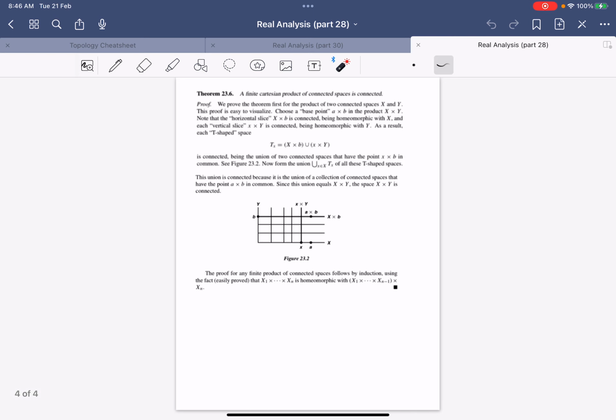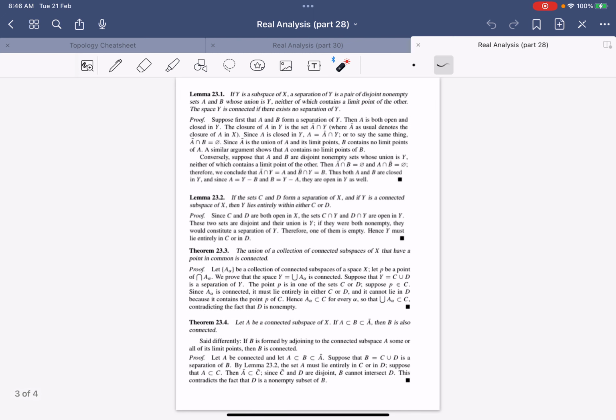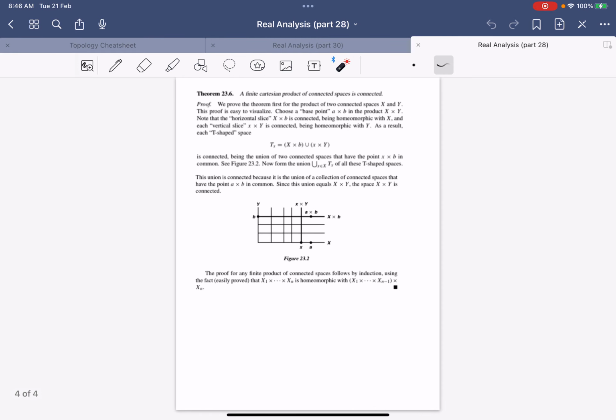The last property we shall now show is one where it shows that a finite Cartesian product of connected spaces is connected. And the reason for that is we are actually making use of the previous theorem where we proved that a union of connected subspaces having a point in common is connected.